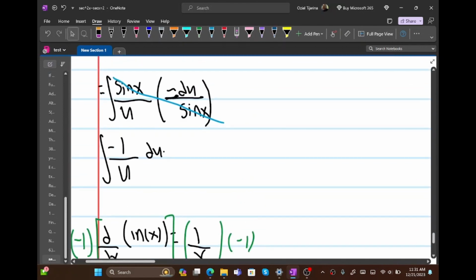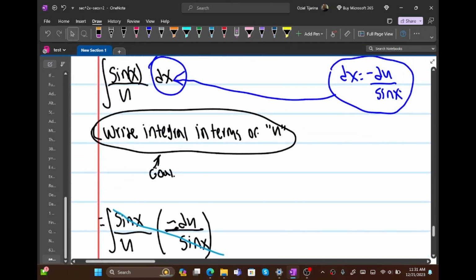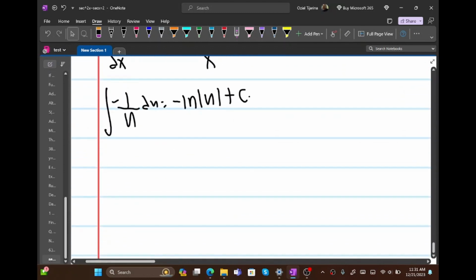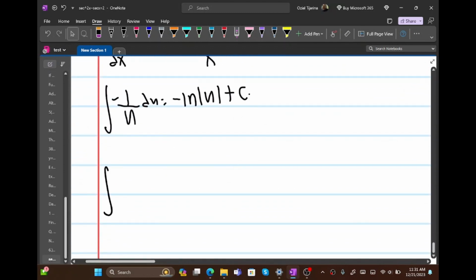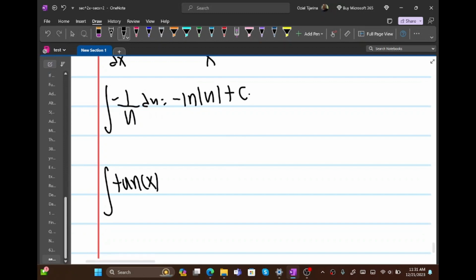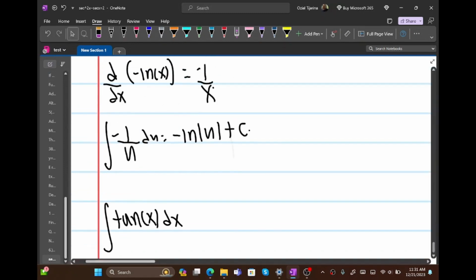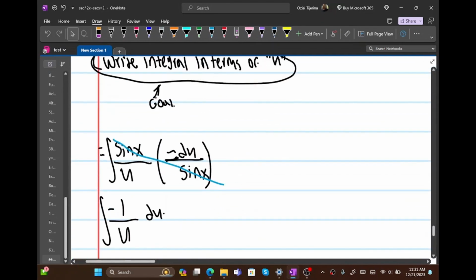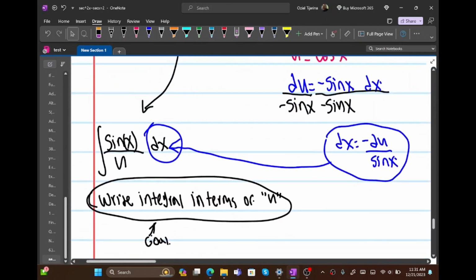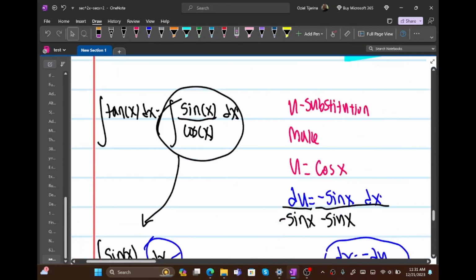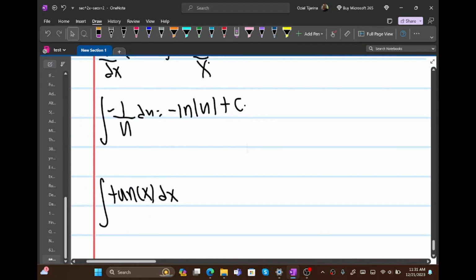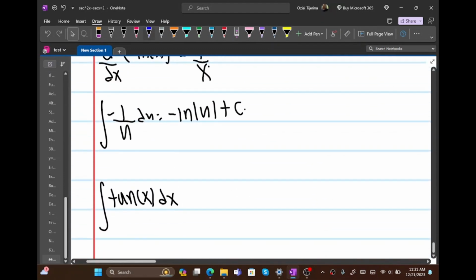So from this, we're going to end up having the integral of tangent of x dx, and because I made u equal to cosine of x, I want to reiterate that u was originally cosine of x.